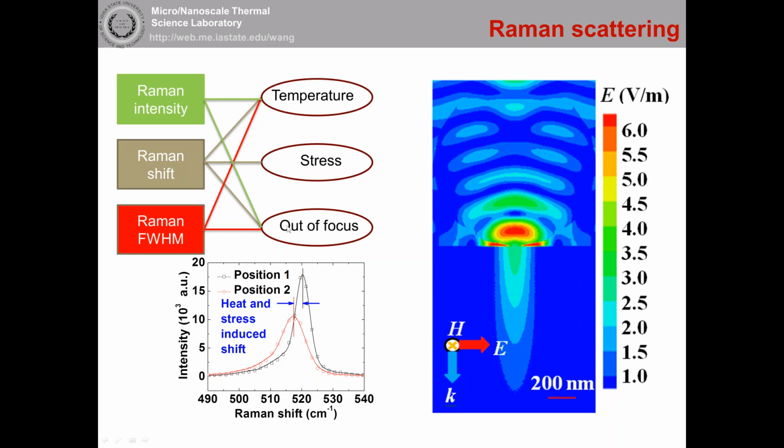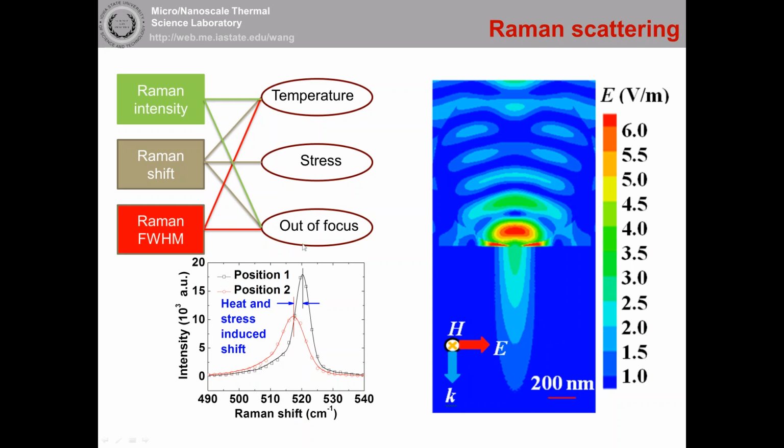The other one, I think people didn't pay so much attention, but it's very critical. It's the out-of-focus effect. In the past, we found that if the surface we want to look at is out of the focal plane, even very little, maybe half a micron, your Raman intensity, Raman shift, and Raman line width, all of them will change.